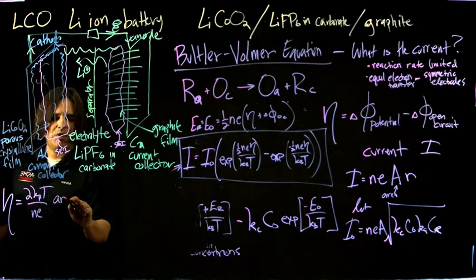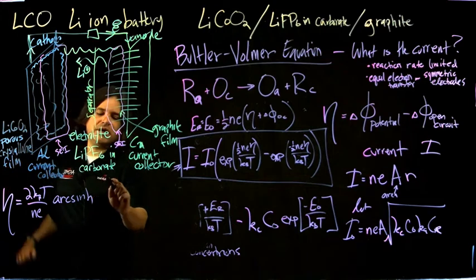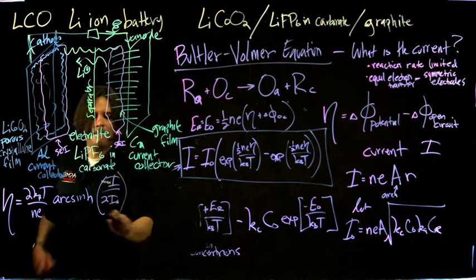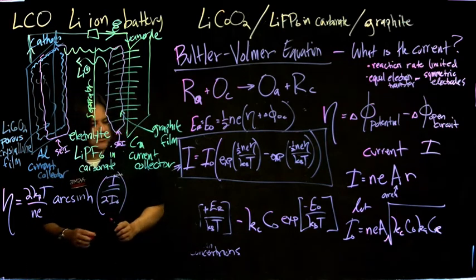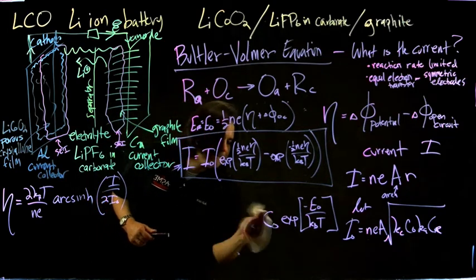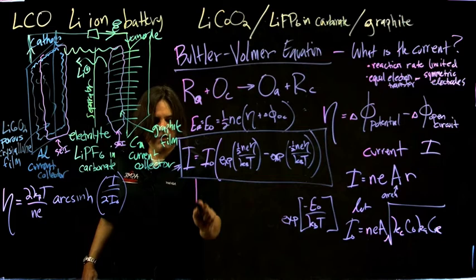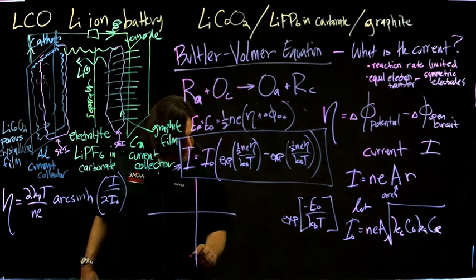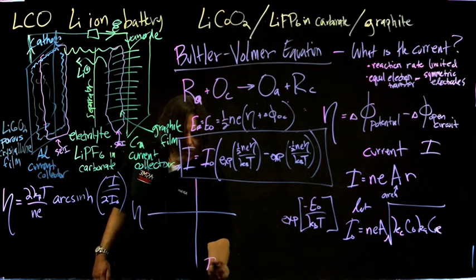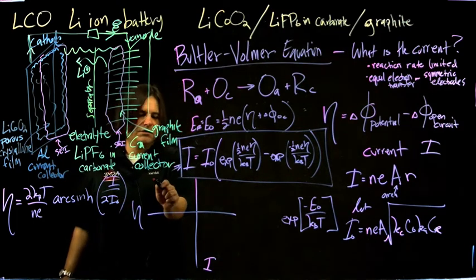It's the inverse of the hyperbolic sine function. That's the equation. And if we plot this, we can see the effect of the overpotential on the current. So if this is overpotential on the y-axis, and the current on the x-axis, this hyperbolic inverse looks like this.